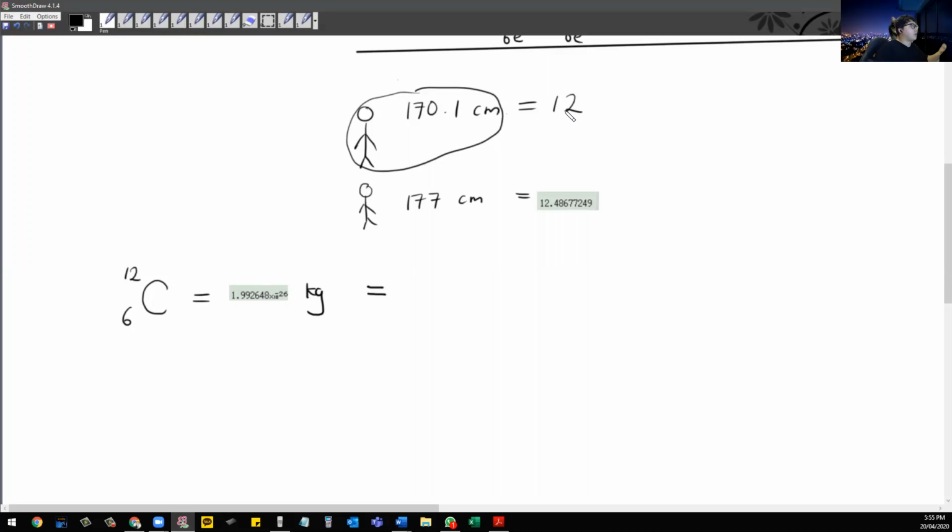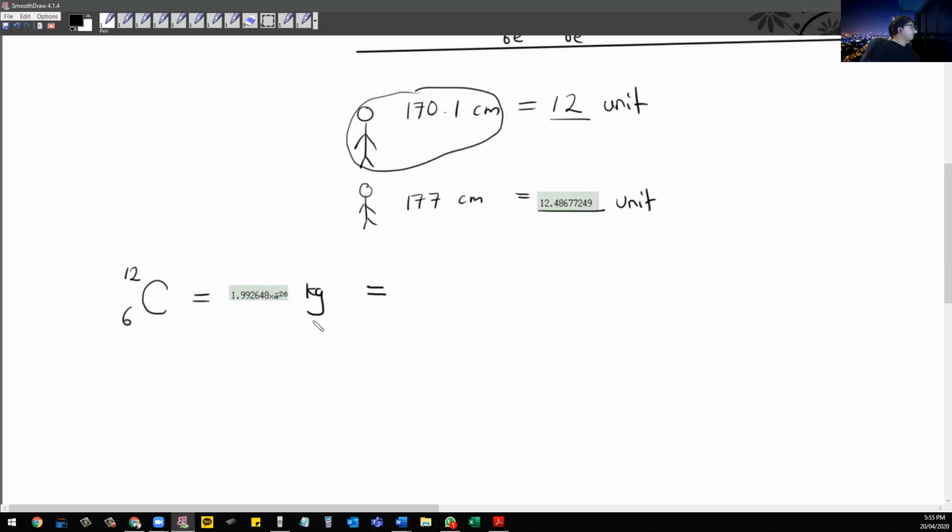We just render that girl's height to be 12, and you can measure every other girl's height with respect to her height, right? So that makes sense, right? So we can say that 170.1, that's her height in centimeters, is going to be 12 units. Then this will be 12.486 blah blah blah units, right?